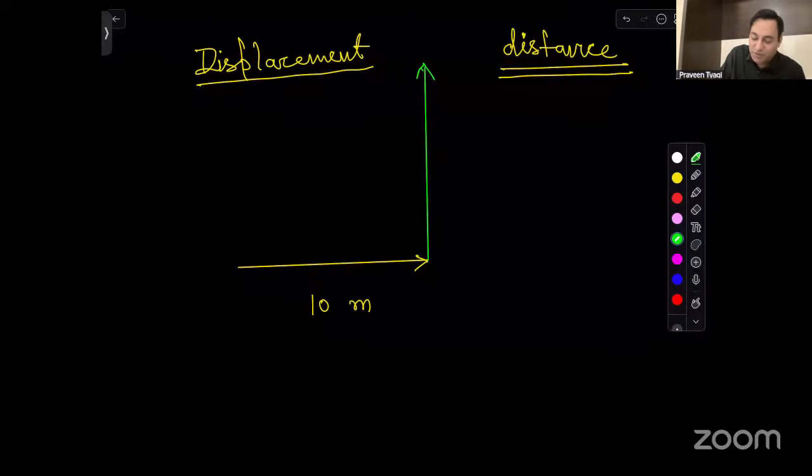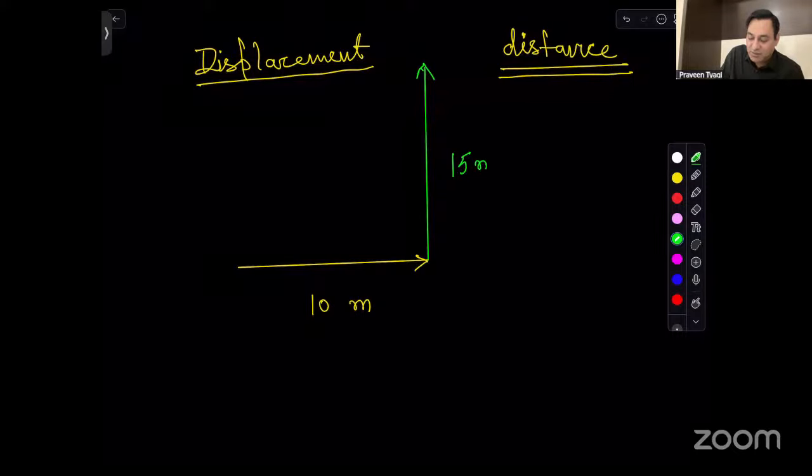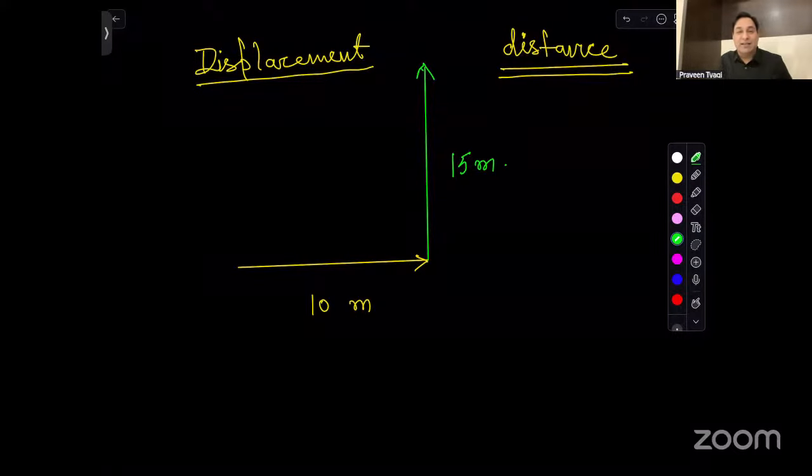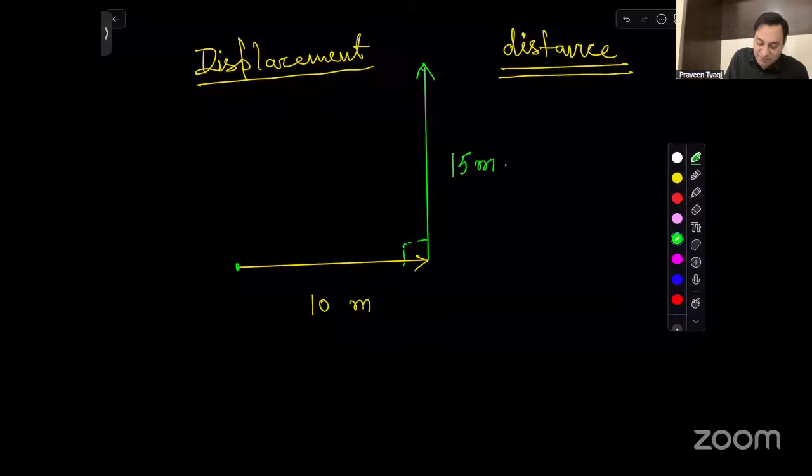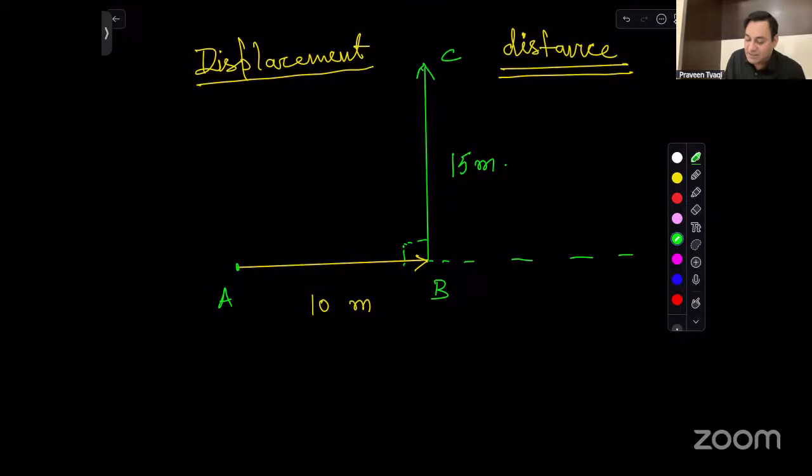I just want to keep it logical so that it doesn't appear strange, because the length that I'm drawing is close to 15. Now, if these are two displacements, I moved towards east and then I moved towards north. So there is a displacement vector from point A to point B, and then from B to C. I moved 10 meters along east, and suppose this is east.